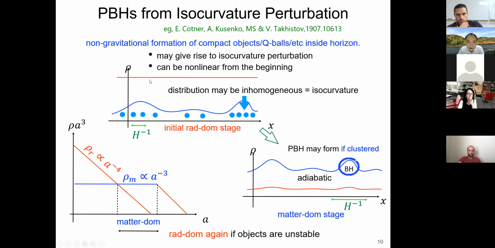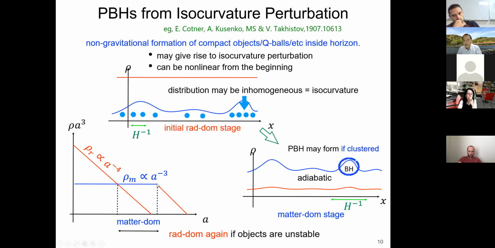Now, if the formation is random, then their distribution should be inhomogeneous. Some of the inhomogeneous regions may have density high enough to form black holes after those objects start to dominate the universe. So this is the early universe matter dominant scenario.